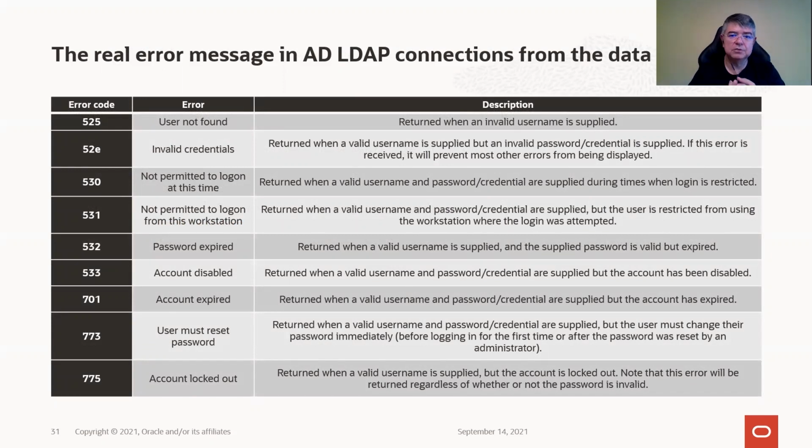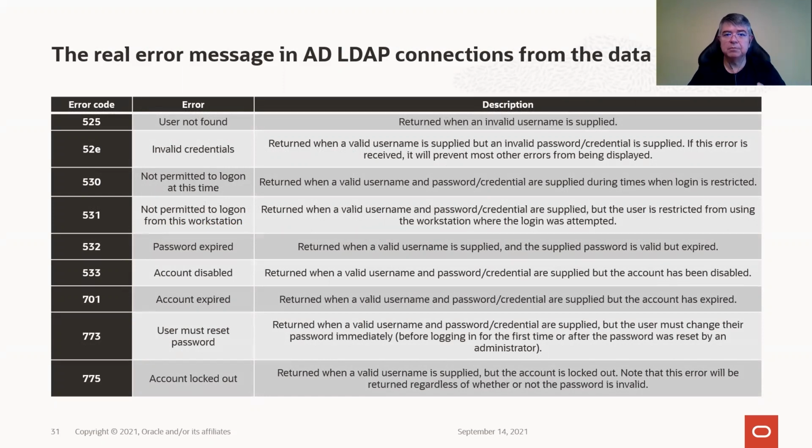You just pass a user that does not exist, or you did a typo or anything. Invalid credentials: this is the real invalid credentials error, code 52e. Not permitted to log on at this time, so you have restrictions applied to that user. So you may inspect anything.